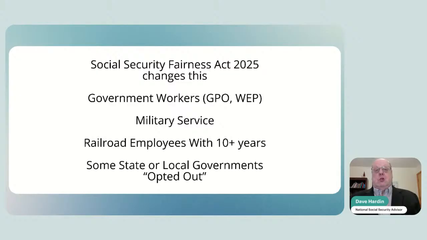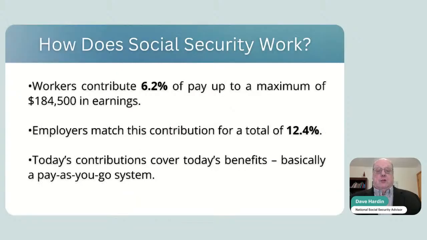They reduced or sometimes even eliminated your Social Security benefit because you had those pensions. But last year, 2025, the Social Security Fairness Act took place, and that was all undone. You don't have to worry about this anymore. It's all taken care of. None of it is a problem.